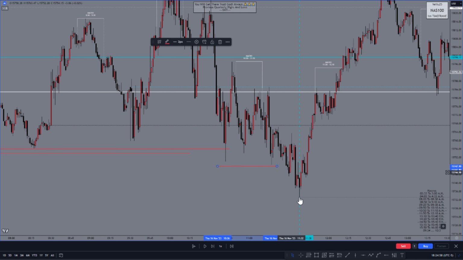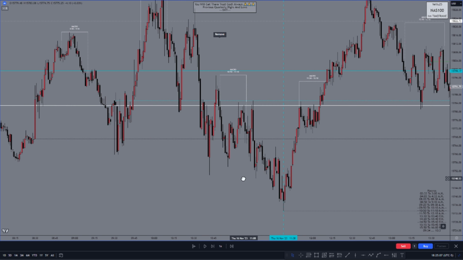So when price reaches a discount level and took all of the sell side liquidity, what can we expect? Like I said in the other video that I posted, we can expect price going up because we are in discount. In this case, we're not in premium, it's the inverse of what I teach in the other video.